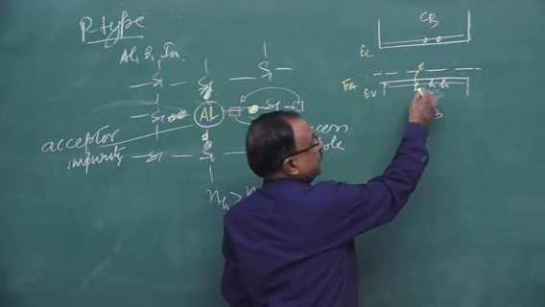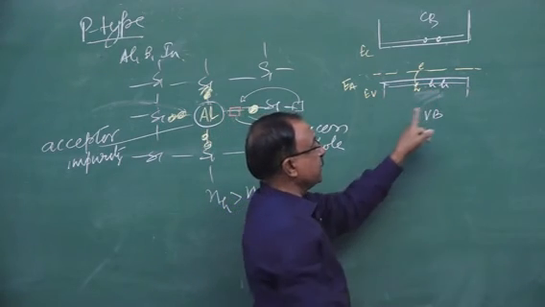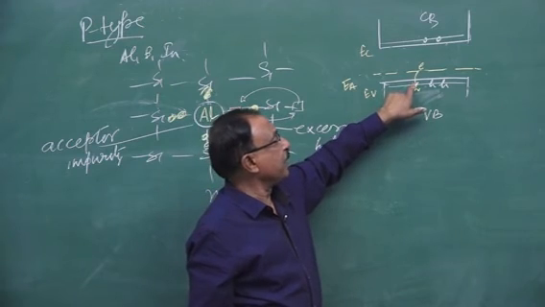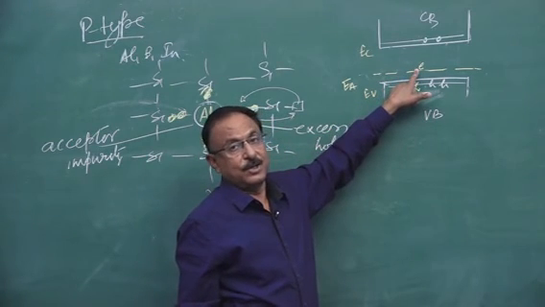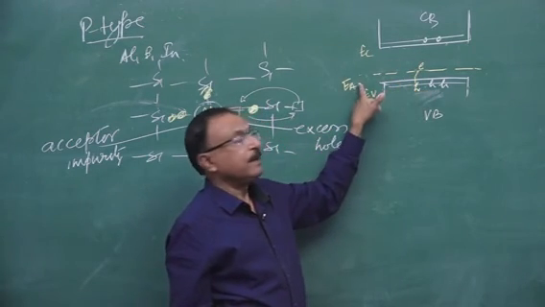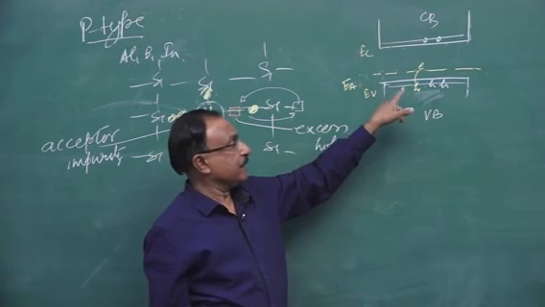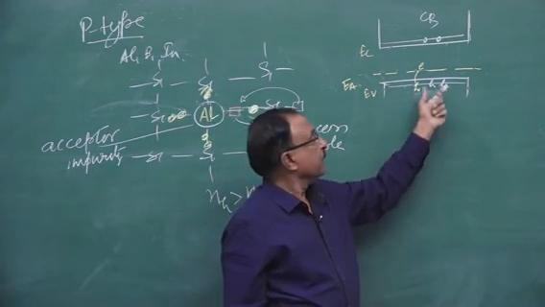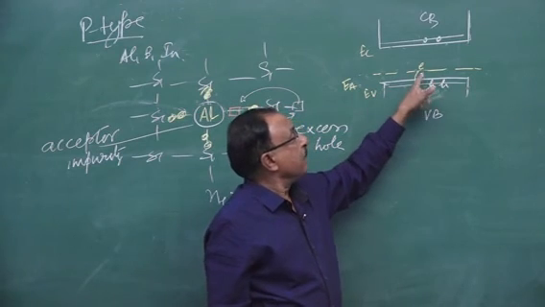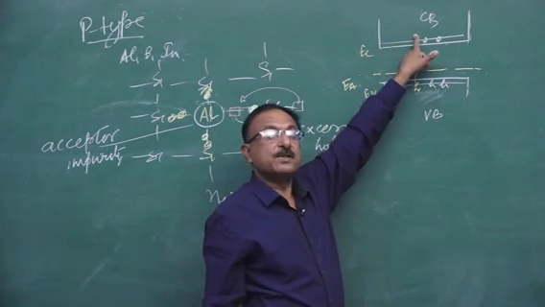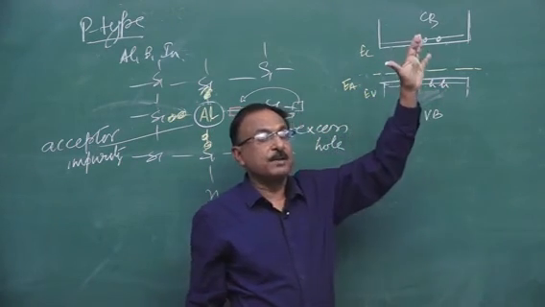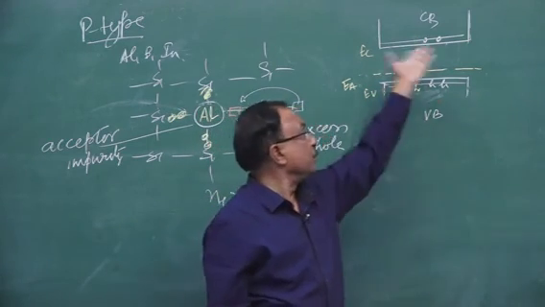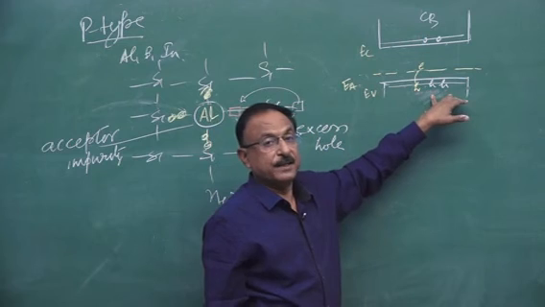So with a little amount of energy, electrons of the valence band of the pure silicon crystal can jump from the valence band to this available energy level of the acceptor. The result is that the number of holes will increase. There were 2 holes, now 3. Because this electron is not reaching the conduction band, the number of electrons in the conduction band remains the same, say 2, while the holes have increased.